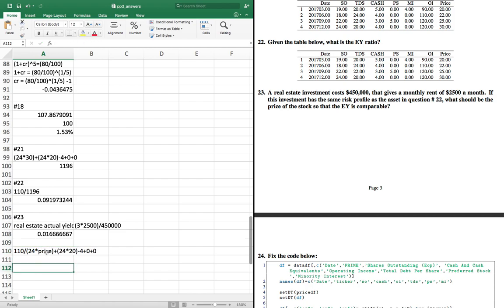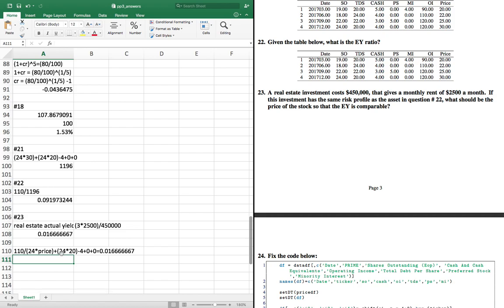That is the price, that is what we want to find out. We need to find what that price would be so that this equation would equal this. So we need to work this all out.